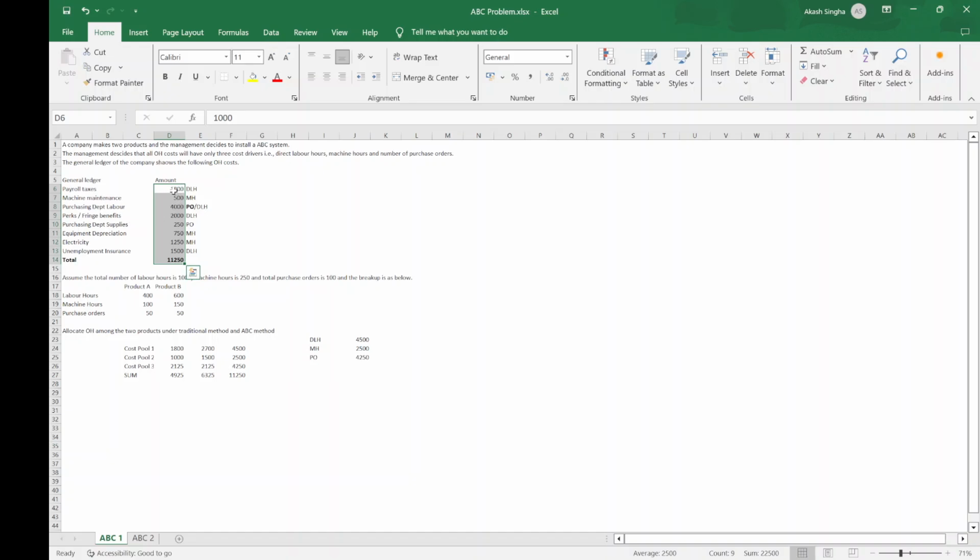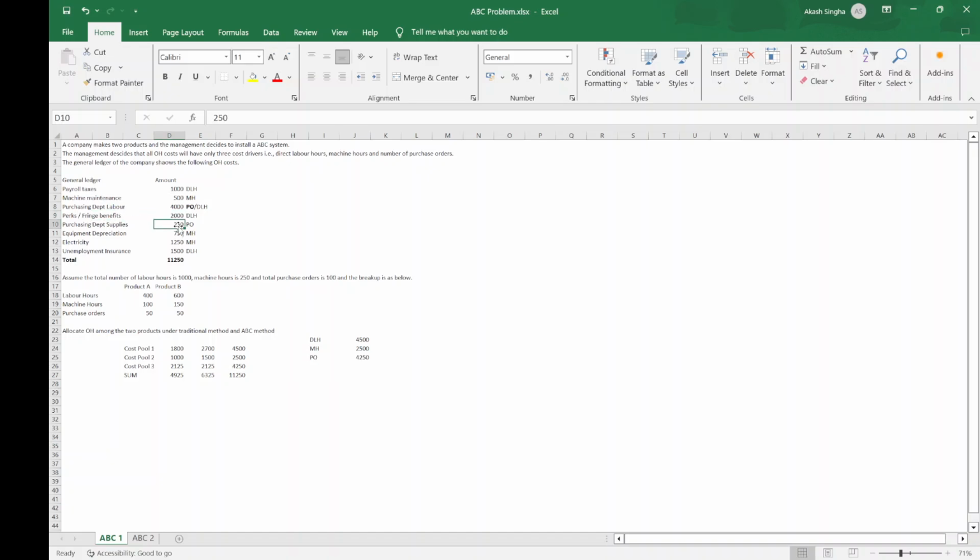So payroll taxes is direct labor hour, machine maintenance is machine hour, purchasing department labor. So there were some confusion as it is purchase, it will be coming under purchase order or direct labor hours, but finally ma'am said it will be purchase order because it is related to purchasing. Then perks or fringe benefits, which will be going to the direct labor hours.